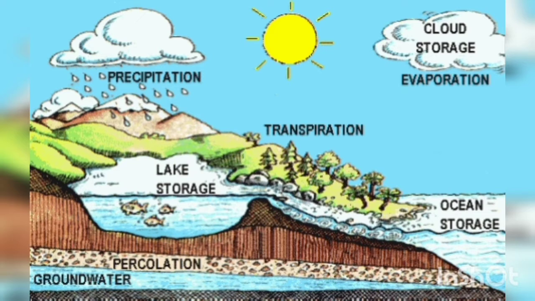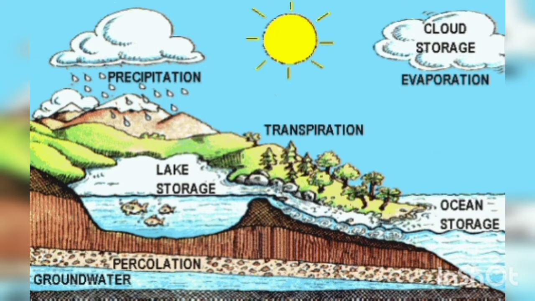Hydrologic cycle or the water cycle. Hydrology is a science which deals with the various aspects of water, such as its occurrence, distribution, movement and the properties on planet Earth. The hydrologic cycle is a global sun-driven process where water is transported from oceans to the atmosphere, from the atmosphere to land and from land back to oceans.